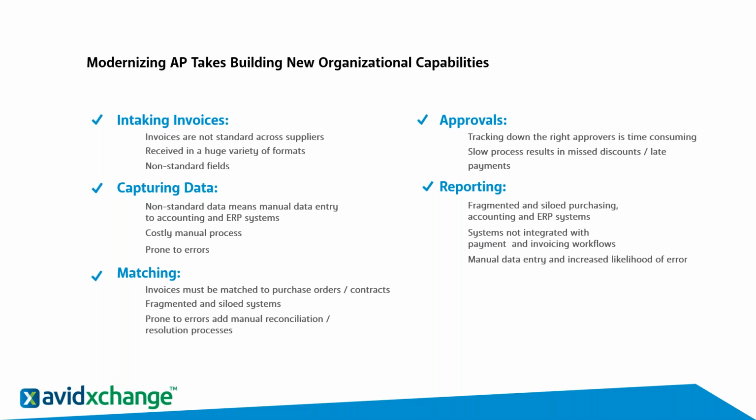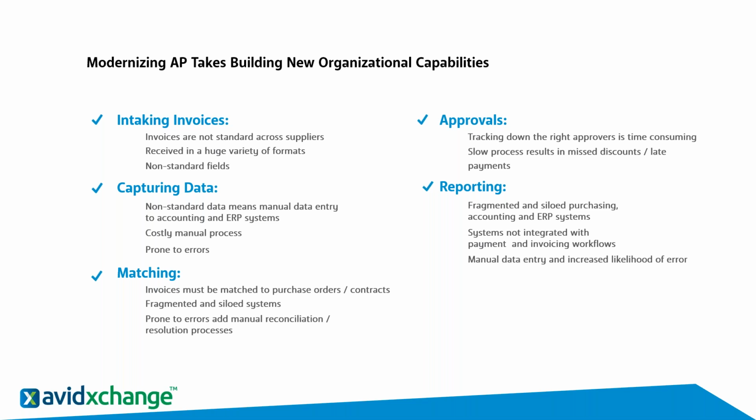First, it's the intake side. The problem is a lot of these invoices are coming in various ways. They're coming in paper, they're coming in fax, they're coming in email, not very standard. So inputting this data into your accounting system tends to be error-prone and also very laborious.